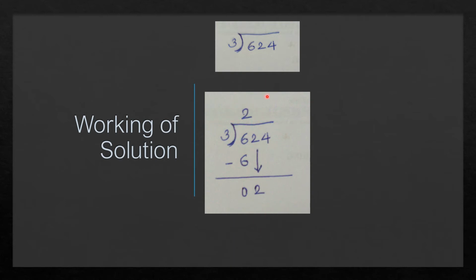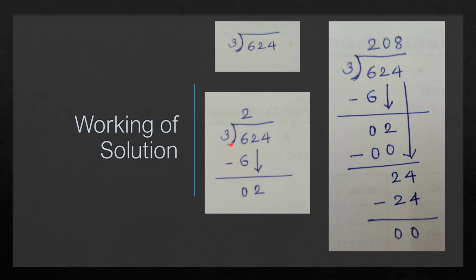Here we are not concerned about what we get in the quotient. Rather, we are just interested in the remainder of our division, because we can conclude that a given number is divisible by 3 only when we get the remainder as 0.